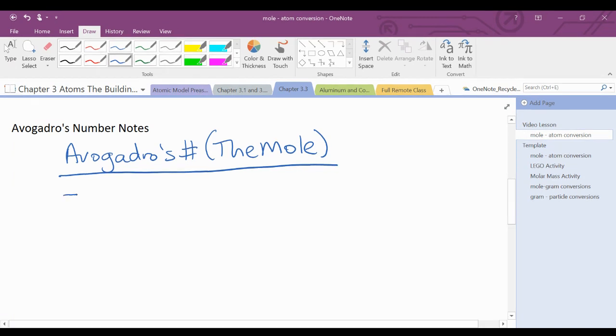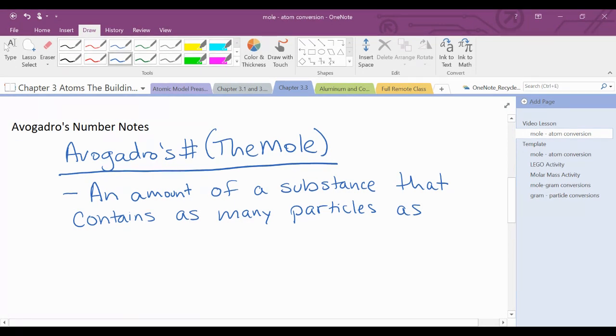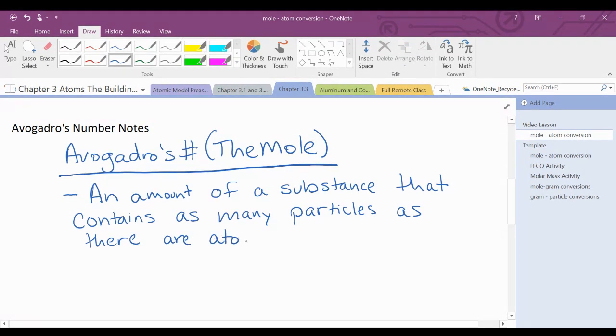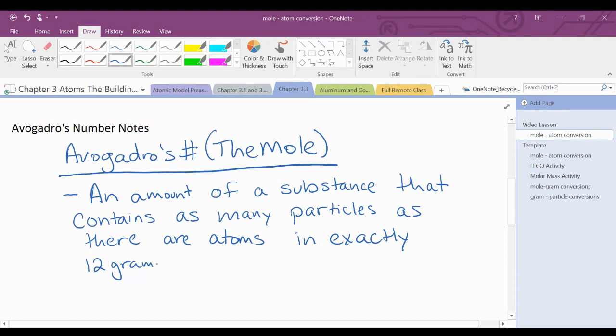And so the definition of a mole is an amount of a substance that contains as many particles as there are atoms in exactly 12 grams of carbon-12.